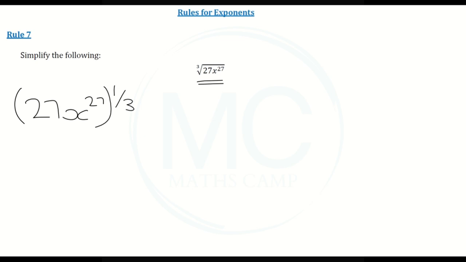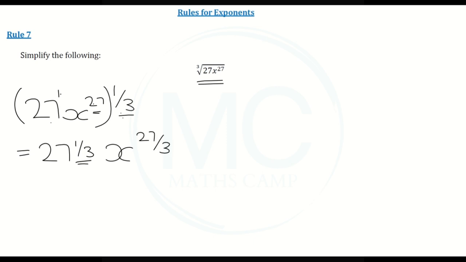Now we can multiply 1 over 3 by the exponent of every variable within the bracket. 27 is actually 27 to the power of 1. 1 multiplied by 1 over 3 is 1 over 3. So we get 27 to the power of 1 over 3. x has an exponent of 27. So we multiply 27 by 1 over 3, and we get x to the power of 27 over 3.